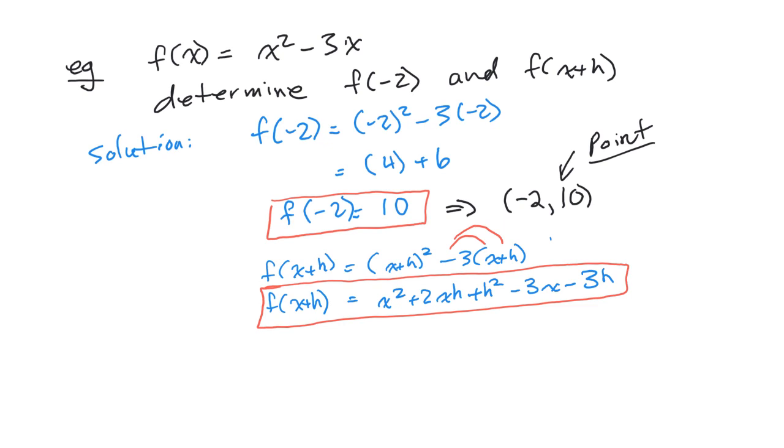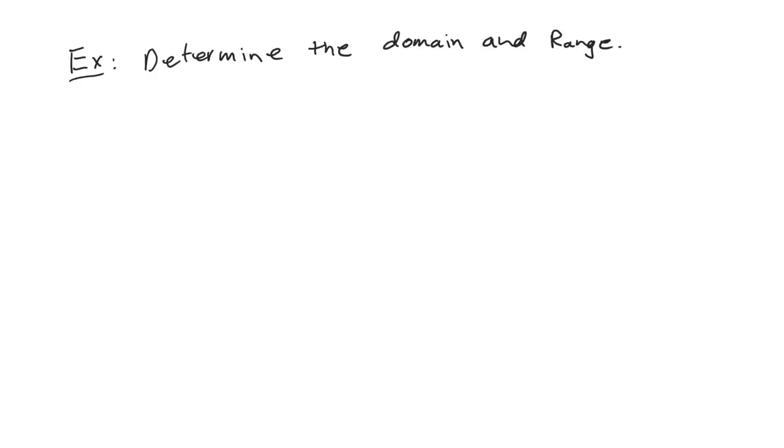And moving on. Now we're going to go and compute a thing called the domain and range. And this is going to allow us to figure out a whole bunch of things. So now we're going to determine the domain and range for the equation y is equal to 1 over x.